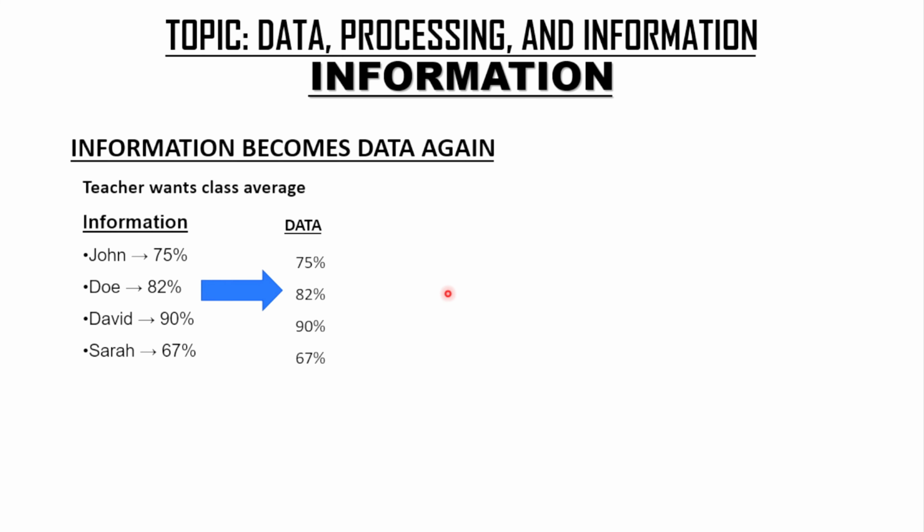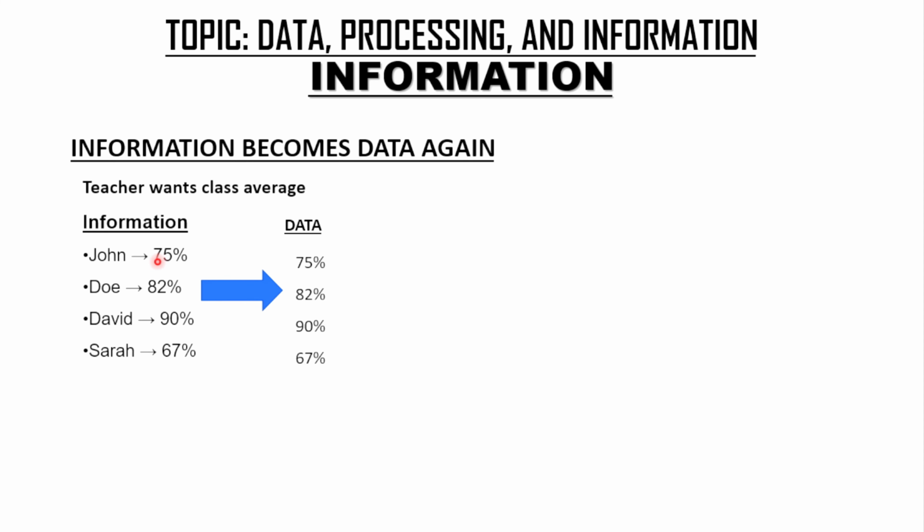Good. But the story doesn't end there. Suppose the teacher now wants to calculate the overall class average, right? Something interesting happens. The percentage results which were previously information now become data again, right?